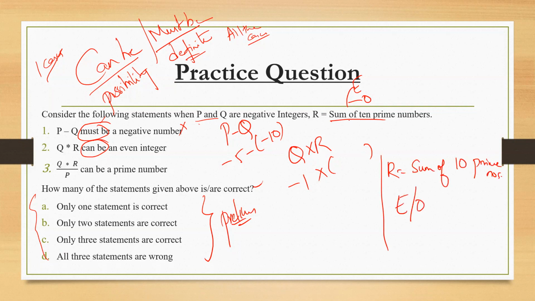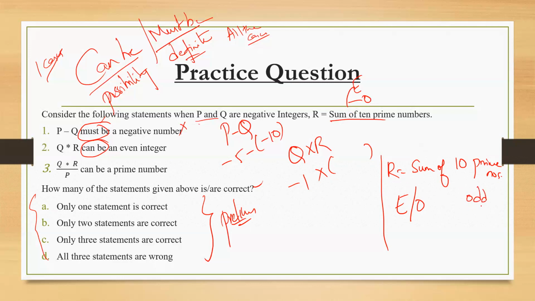No, okay. I'm not talking about this question right now. Just this scenario. Can there be any possibility that the sum of 10 prime numbers is odd? Is there a possibility? You already told me even.